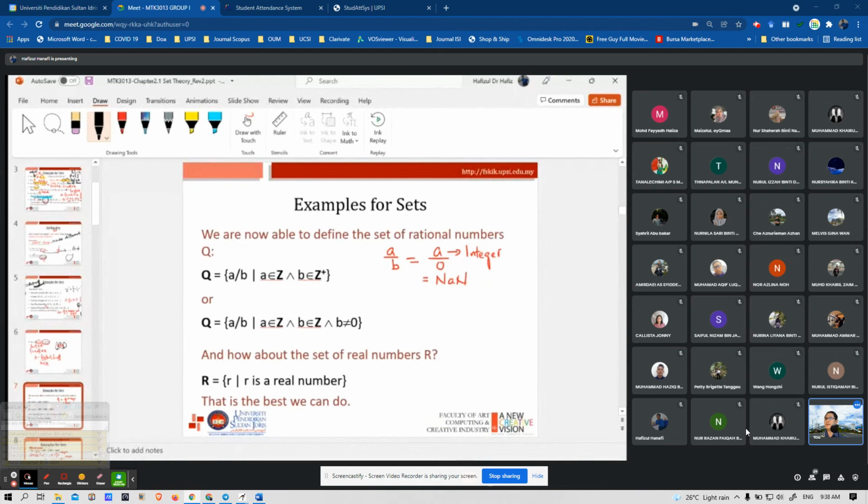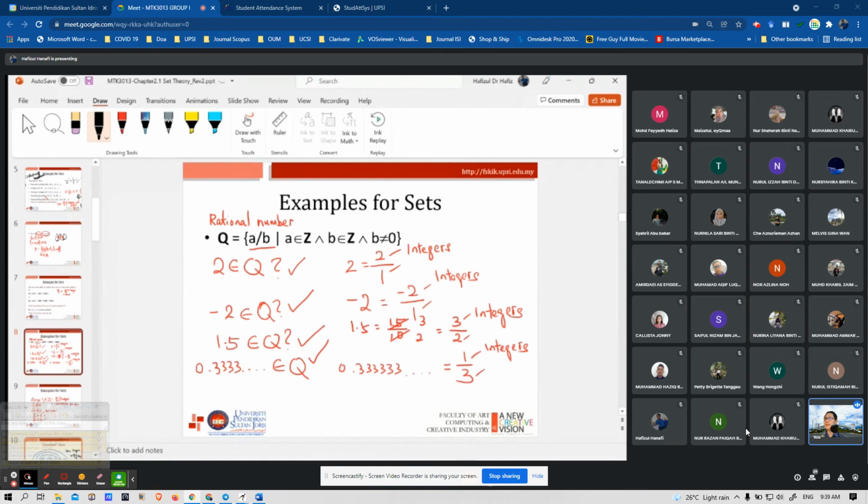We have A, B. A must be an integer, and B must be not equal to 0. This one is for the rational numbers. How about the set of real numbers?